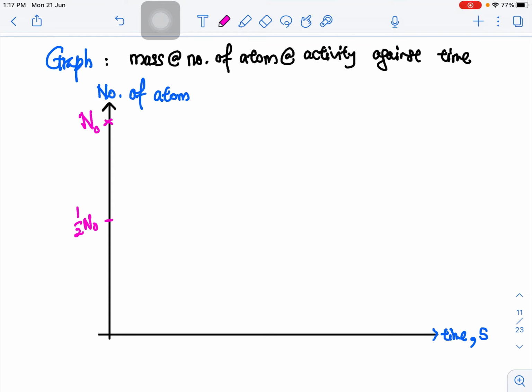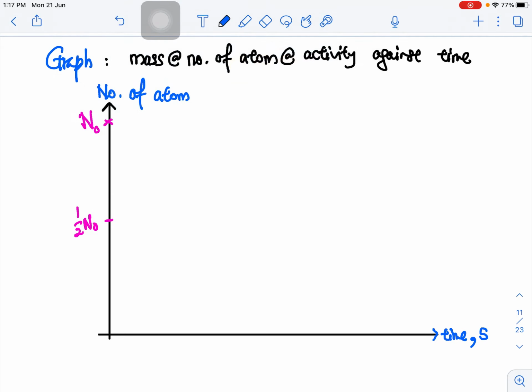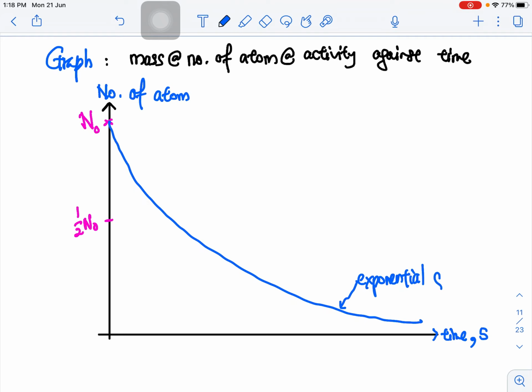So the graph of radioactive decay is an exponential graph. It looks like an inversely proportional graph, but it is not an inversely proportional graph. It is an exponential graph. If you have learned this in maths, you may have seen this form of graph.